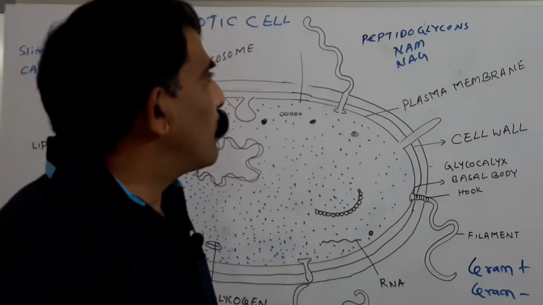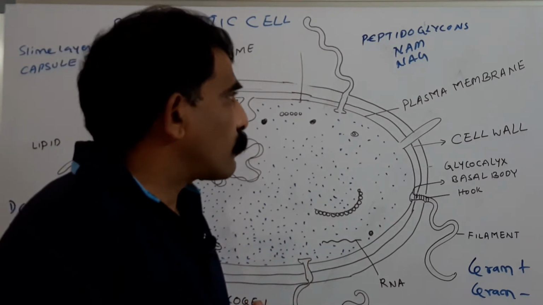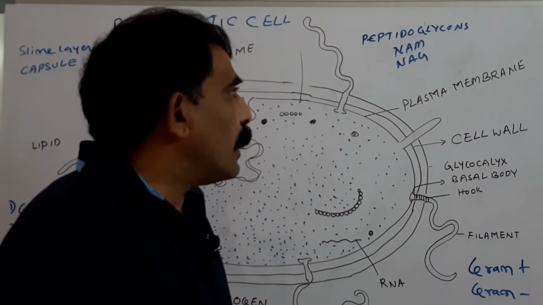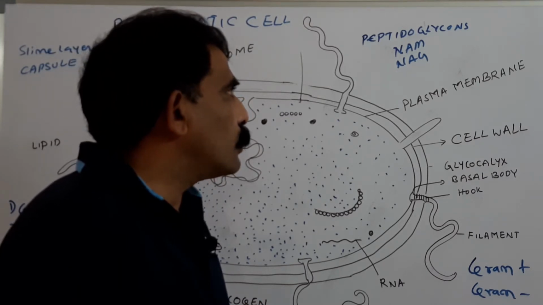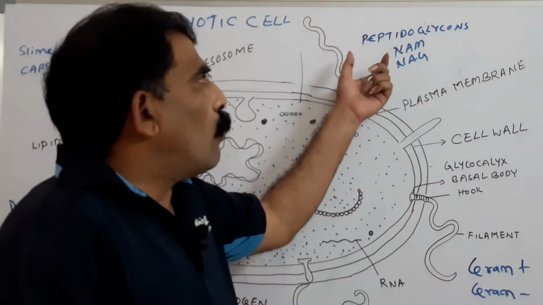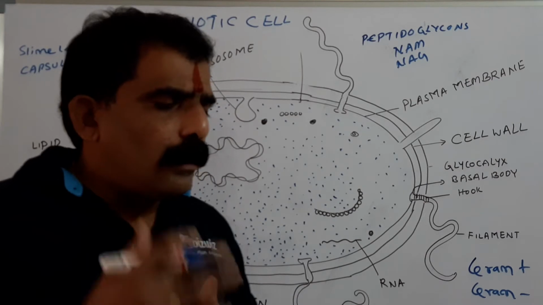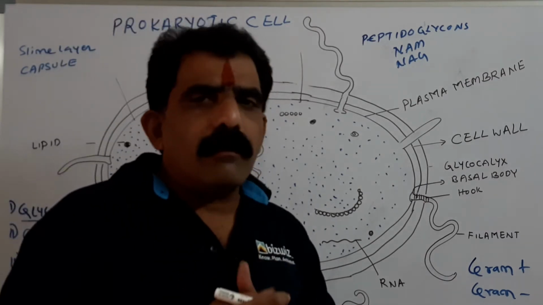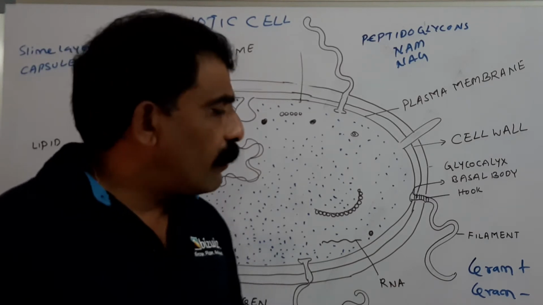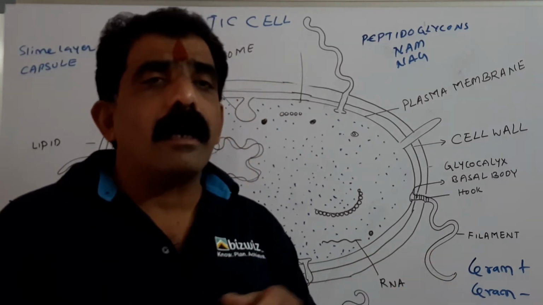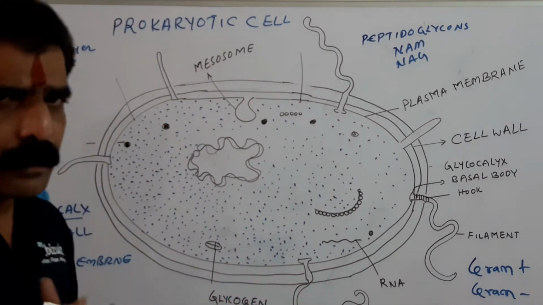So the cell wall component is peptidoglycan, and that consists of NAM and NAG, N-acetyl muramic acid and N-acetyl glucosamine. Among the peptidoglycans, both the horizontal and vertical linkages are present in the case of gram positive bacteria, whereas in the case of gram negative bacteria, either horizontal or vertical linkages are present.